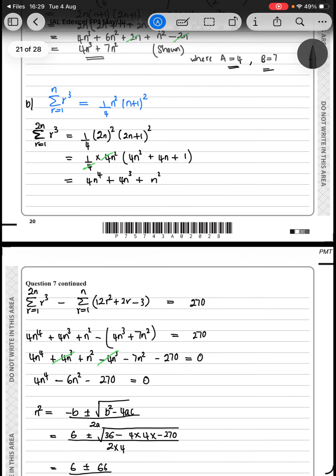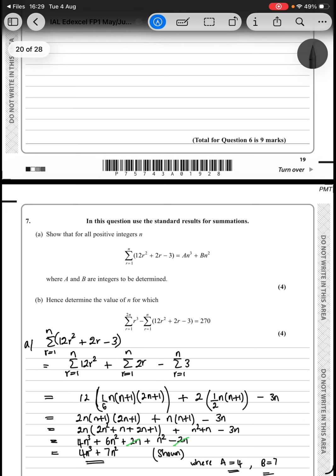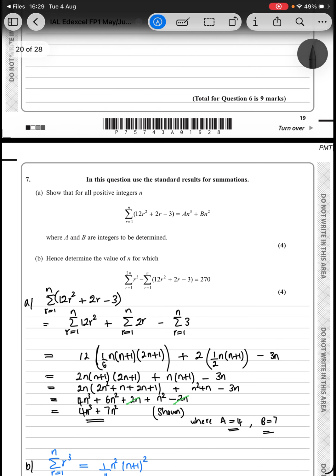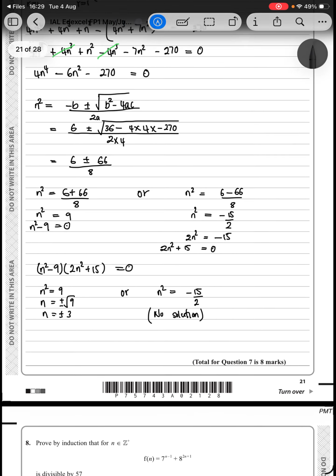But the question asks us to determine the value of n, just one value. So they don't want a negative answer, because from part A we've already shown that the formula for that summation is for all positive integers n. So our answer can't be negative 3.